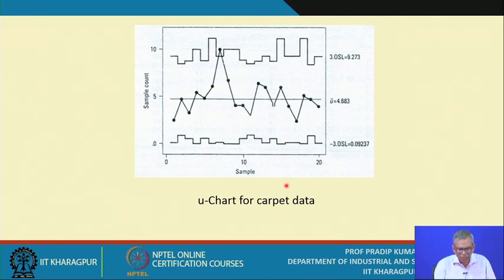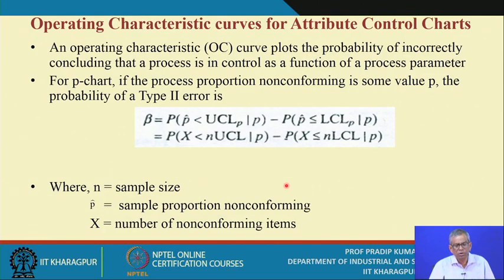This is just an example of the U chart. The idea is that as the sample size varies, theoretically speaking, even if you assume one average value for U, as the sample size varies, where Ni is the sample size for the ith sample, obviously the upper control limit and lower control limit may also vary. So what is its impact? That also can be analyzed.